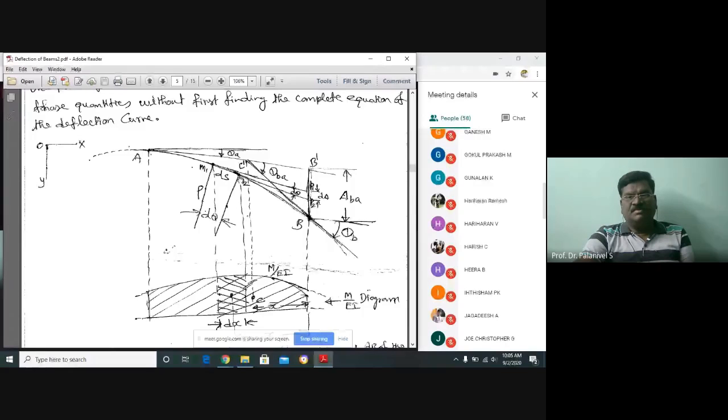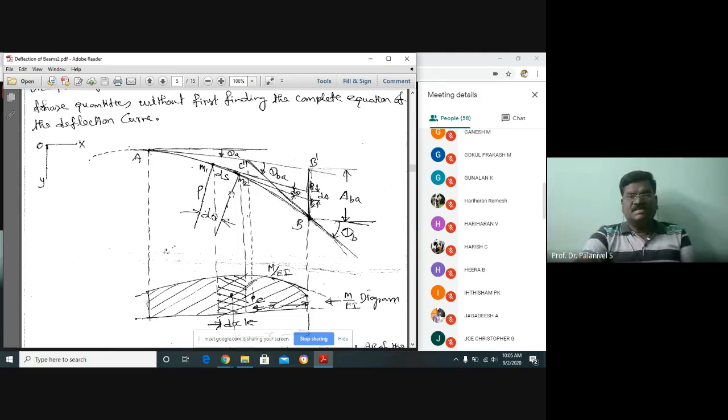The angle between them is d theta. Why? The angle between the normals to M1 and M2 is d theta. Obviously, if you draw a tangent to M1 and a tangent to M2, the angle between them will be d theta, no doubt. Because the angle between two lines is d theta, the angle between their normals is d theta, right?